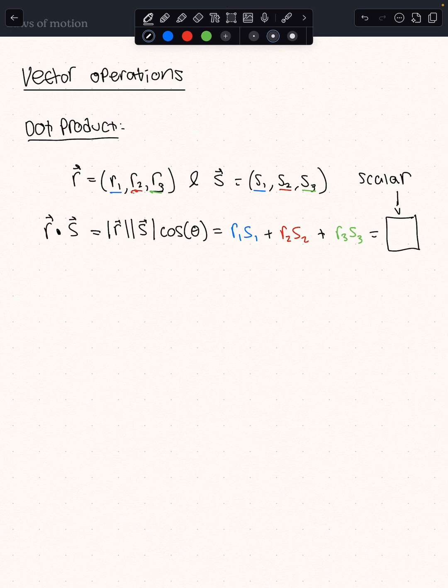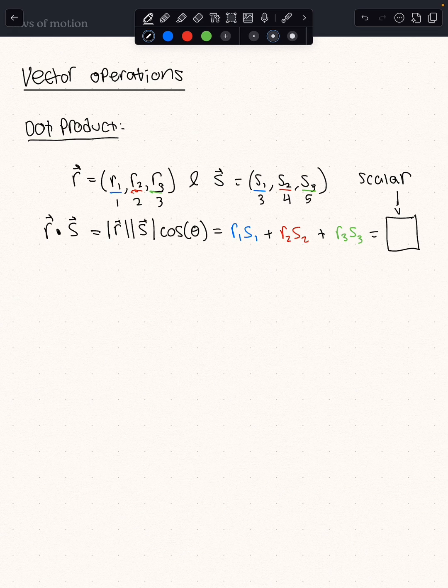Maybe I'll give an example. Back to what I was doing before, 1, 2, 3, and 3, 4, 5.